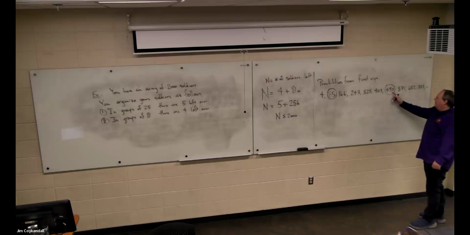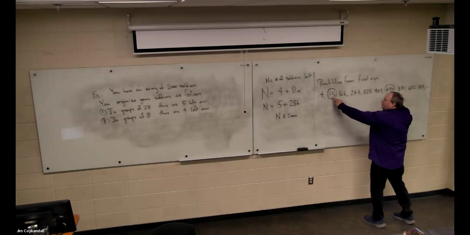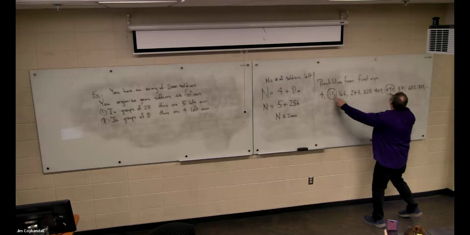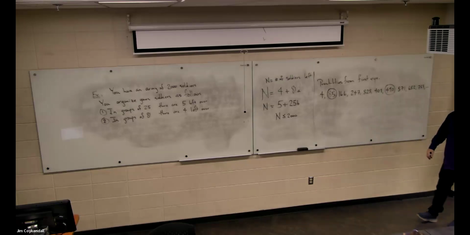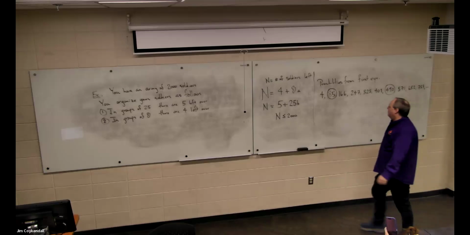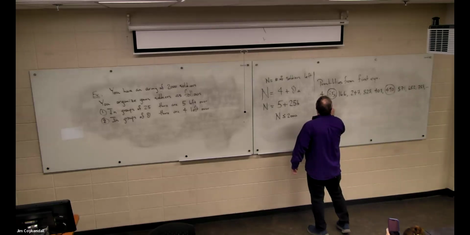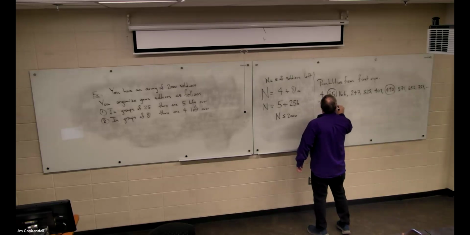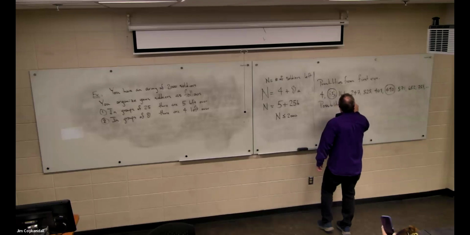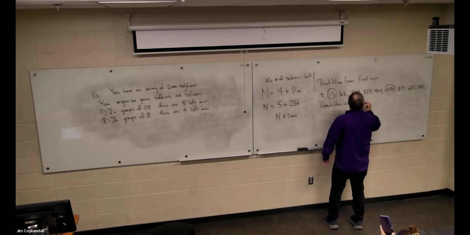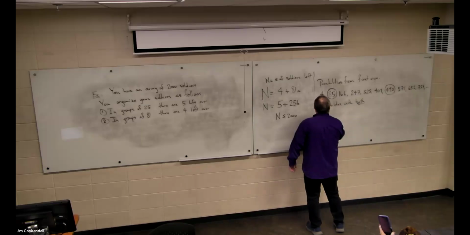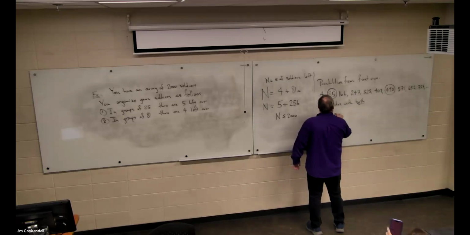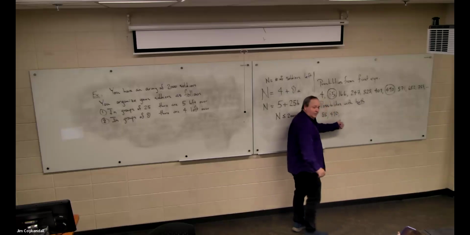Anybody want to predict when's the next possibility, multiple of 5? From the previous. Okay, good. How much do we jump here? 405, it looks like. So the possibilities are 85, 490, because it jumps 405.